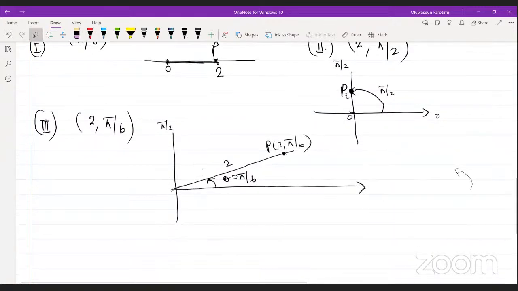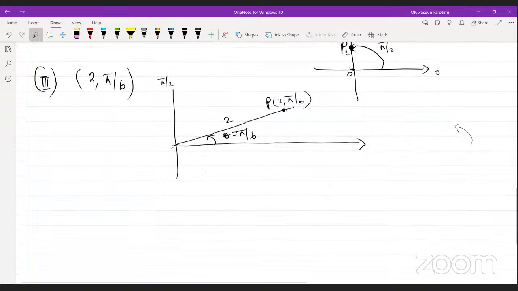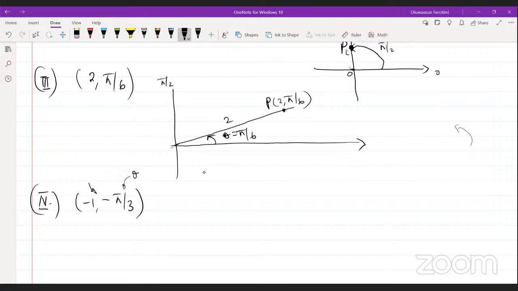At this point, it's still very basic and easy to make these sketches. Now, we've been talking about the positive angles, so let's look at another example. Suppose we have (-1, negative pi over 3). This is my angle theta, and this is my r. In this case, theta is less than 0. Whenever theta is less than 0, what direction do we go, guys?